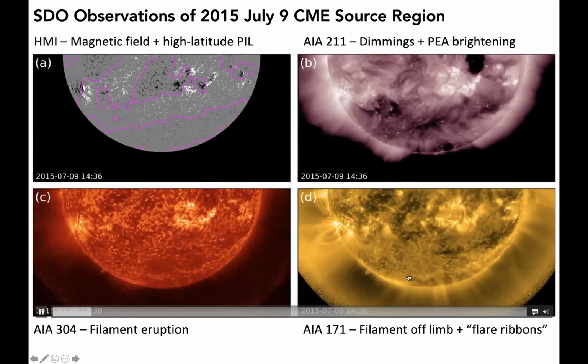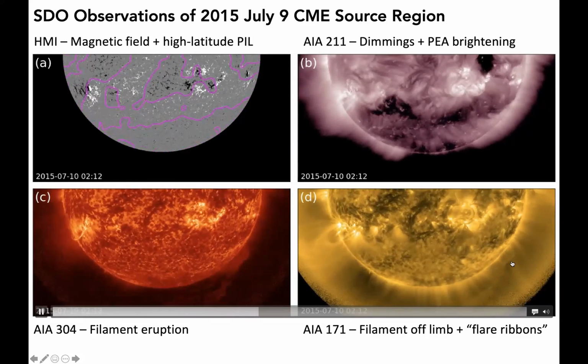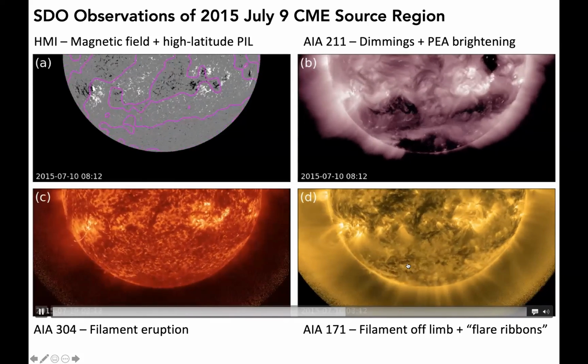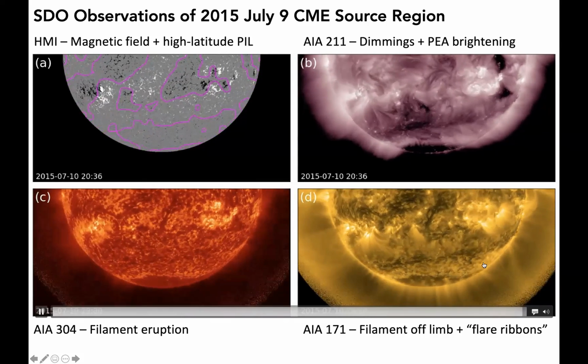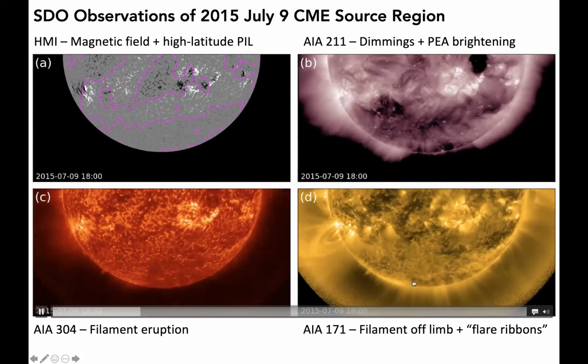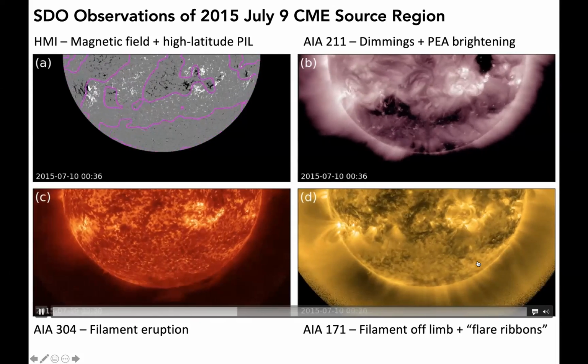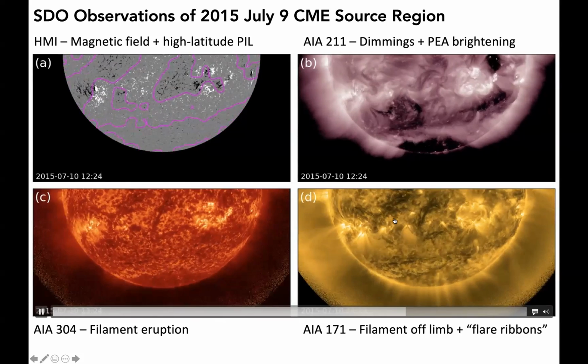If you watch this stripe develop down here, you can see some off-limb stuff, but then this thing goes from east to west, and it acts like flare ribbons, in that it's a narrow thing first, and then they spread away from this polarity inversion line.